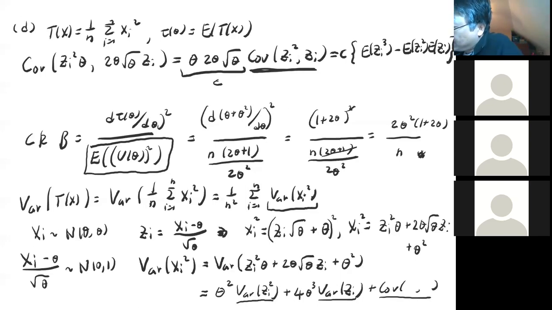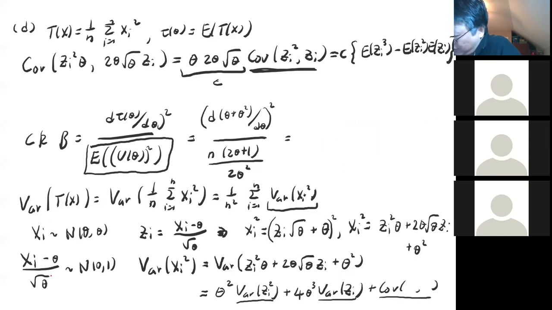Covariance of A and B is the expectation of A times B, minus the expectation of A times the expectation of B. Okay, I do need some space right here, pardon me. We talk about Zi right here. Zi is normal 0, 1. What is the expectation of Zi? It's 0, right? So that means the whole second term is 0.